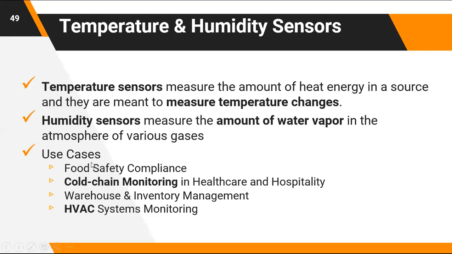What is the role of these two sensors? You can use them for food safety, weather forecasting and compliance. The second application is cold chain monitoring, for example maintaining your blood samples.